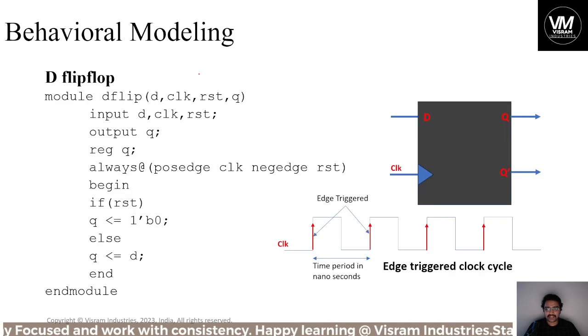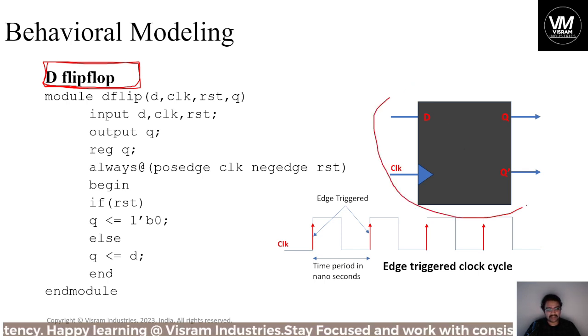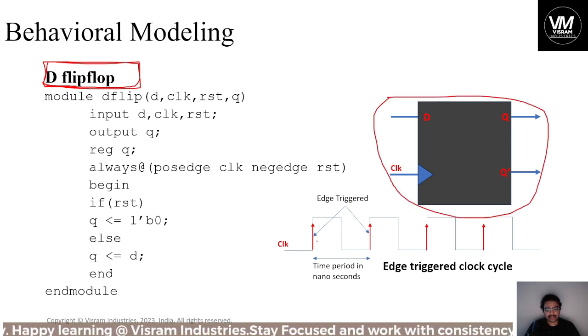And coming to the next, what is the Verilog behavioral modeling of the D flip-flop? Let us understand. This is the D flip-flop figure. This is how the block represents a D flip-flop, and let us say it is positive edge triggered, and time period will be taken in terms of nanoseconds. You should be remembering all these things. What are the units of time period?